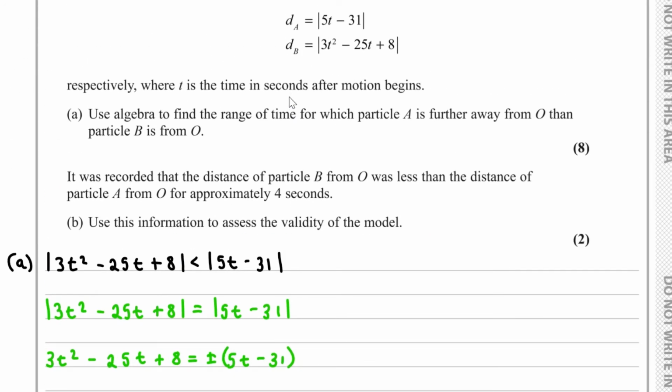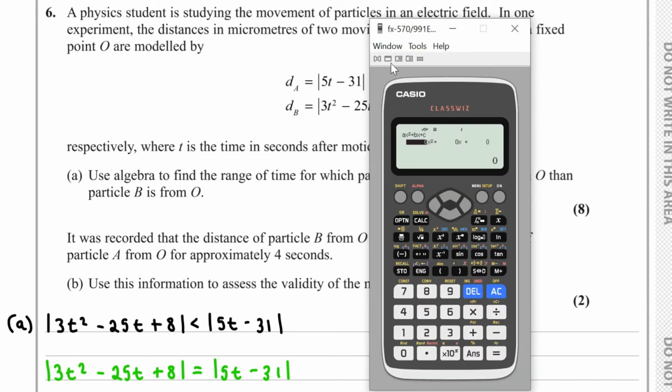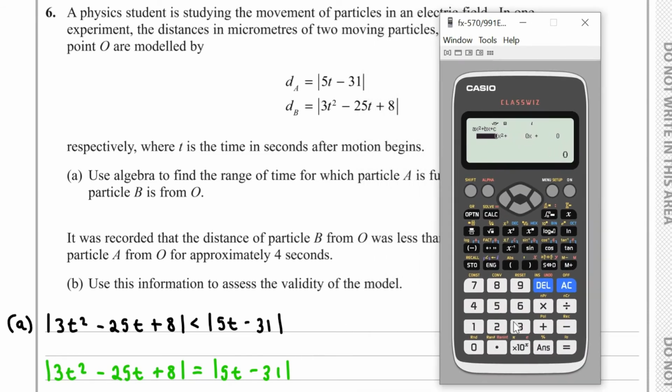So if we think about dB before we do anything else, if we go back to our calculator, we've got 3t squared minus 25t plus 8. So it crosses the x-axis at a third and 8. It's got a minimum at 25 over 6, and that's if we don't include the mod signs.